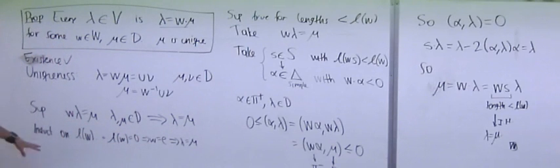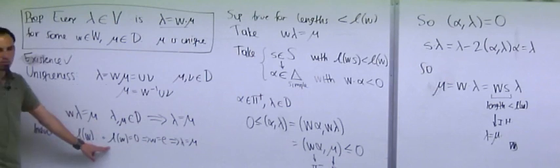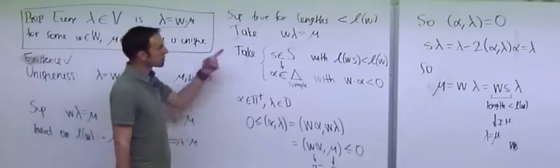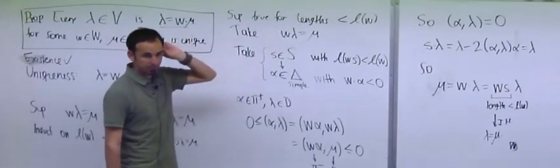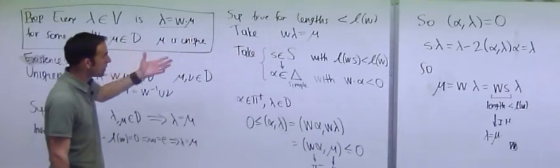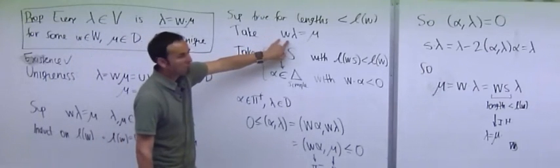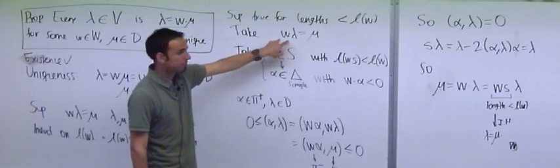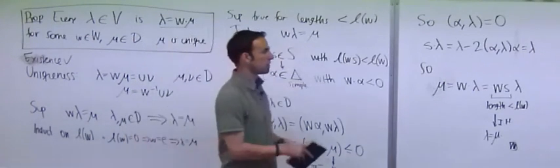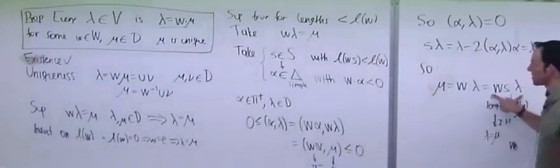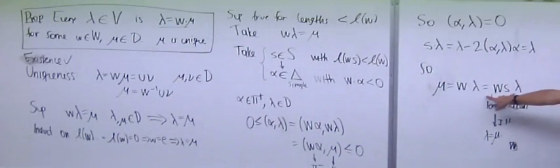I do it by induction, so for length 0, it's obvious. Now, I assume that it's true for WS, and I prove it for W. Okay. What did I just show? I showed that if W lambda is equal to mu, then WS lambda is equal to mu. This guy is shorter.